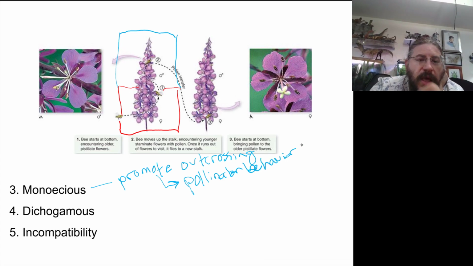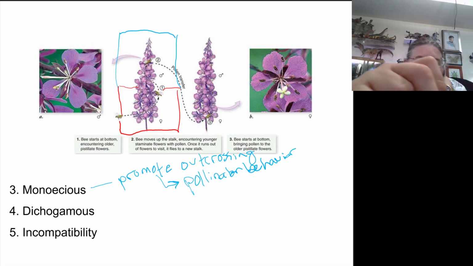What does that mean? Insects that pollinate, so the bees that pollinate this particular flower. So this is, what plant is this? Oh, I did not put down which plant this was. But so this is a monoecious plant.